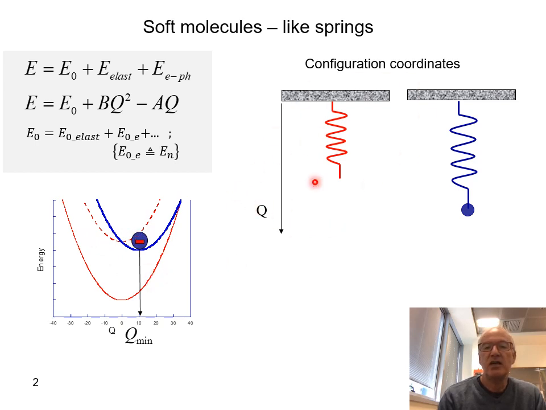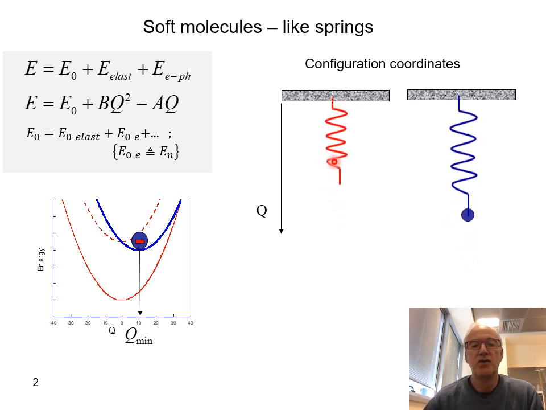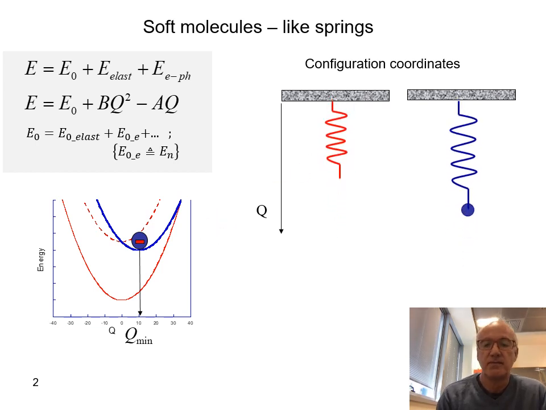And indeed, it's similar to springs: when the spring is free without anything attached to it, it has a certain resting point. When we attach a mass, it has a different resting point. You see this is different in the coordinates. And indeed, they vibrate around a different position, and it looks somewhat different.